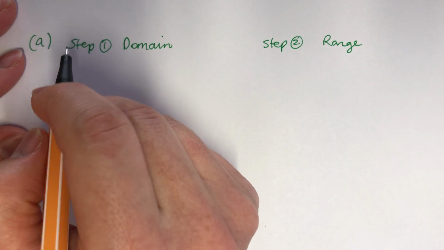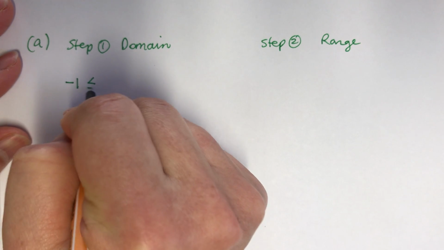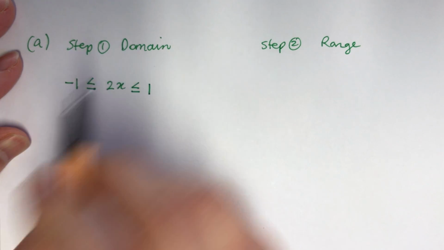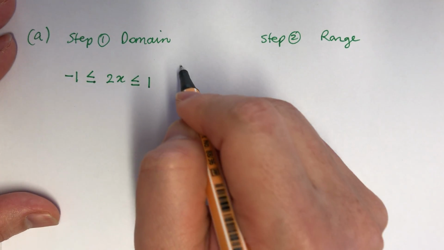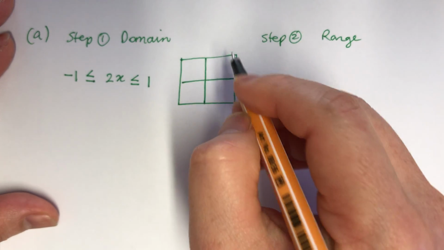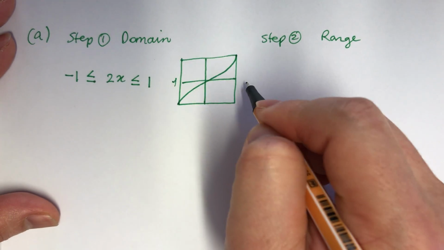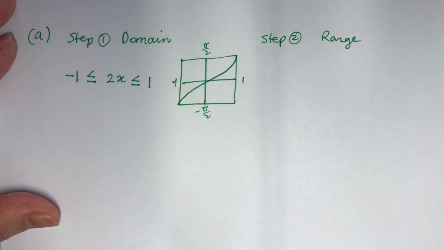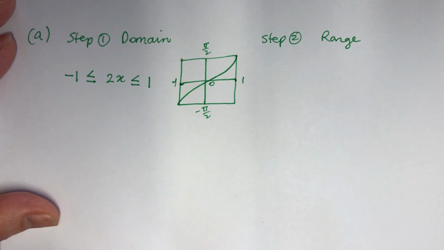Okay, so let's have a look at the domain. If you look at the graph, I'm just going to draw it in the box. If we go like this, minus 1, 1, and minus pi over 2, pi over 2. Okay, so that's my domain for x, wasn't it?